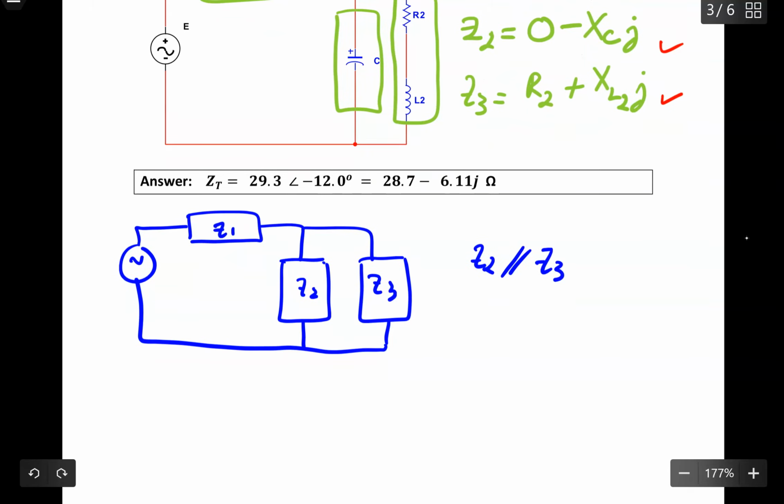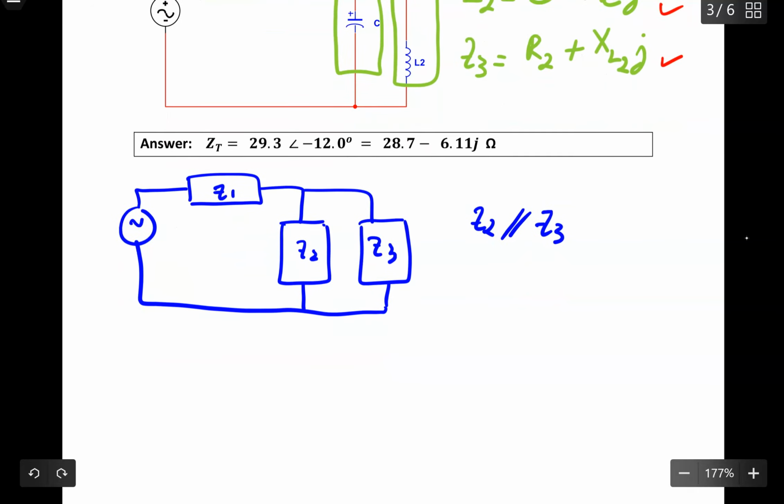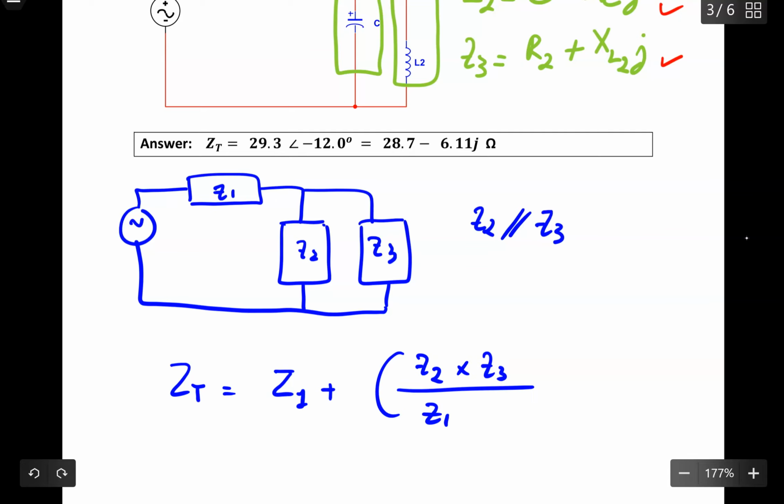Similar to the previous questions, I can apply product over the sum for these two because I only have two components in parallel to each other. So Z total will be equal to Z1 plus Z2 times Z3 divided by Z2 plus Z3.